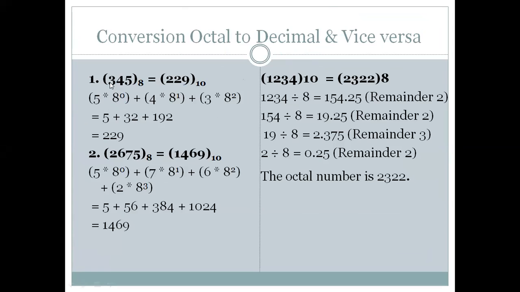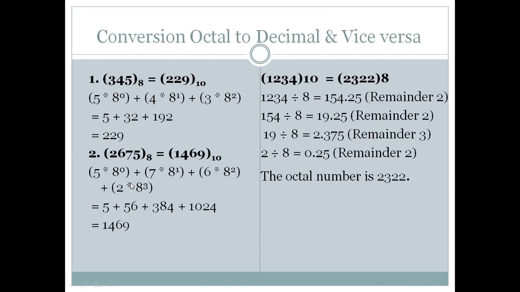Whether you multiply right to left or left to right, the answer will be the same. So we take 5 multiplied by the power 0, 4 multiplied by the power 1, or 3 multiplied by the power 2. So we get 229.